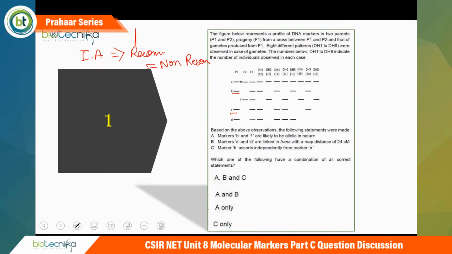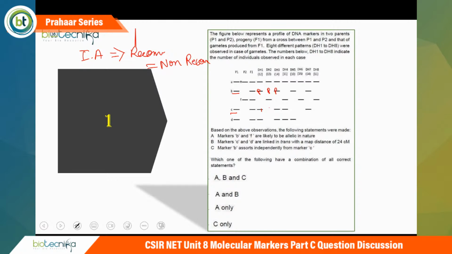Okay. Right, now let's find the recombinants here for B and C, just how we found the recombinants for C and D. So you have to consider B and C. Here DH1 is a parental combination. Okay, DH2 is again a parental combination. So I'm just writing P here, P here. DH3 is also parental.